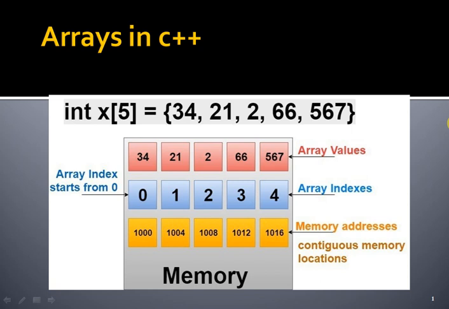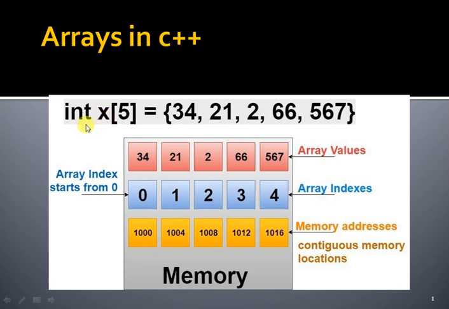The property of the array is that each array element is shown in this diagram: there are different array values and you have the indexes of the array. The best part of the array is that I can declare many different variables using the same variable name.